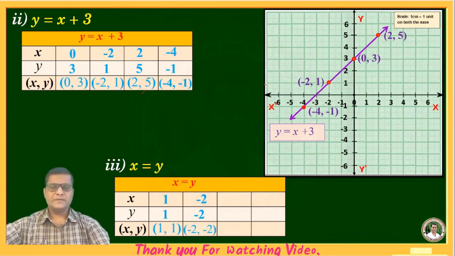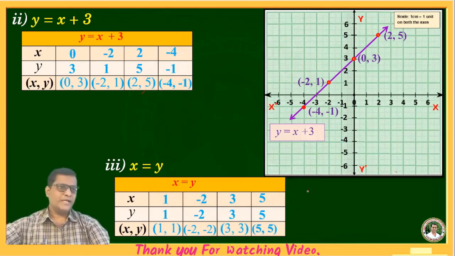The coordinates of the point are (-2, -2). If we take x equal to 3, then we will get the value of y is 3. Then the coordinates of the point are (3, 3). And at last, if you take x equal to 5, then we will get the value of y is 5 and the coordinates are (5, 5).